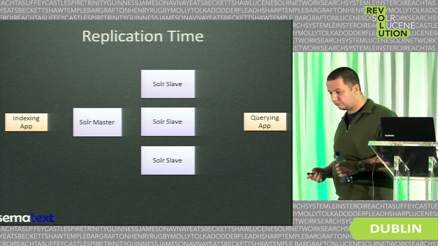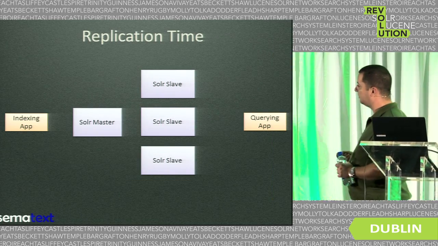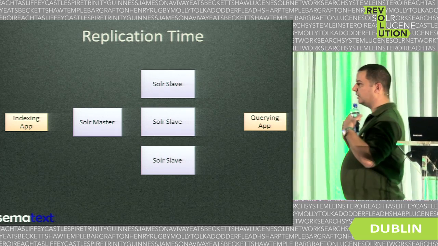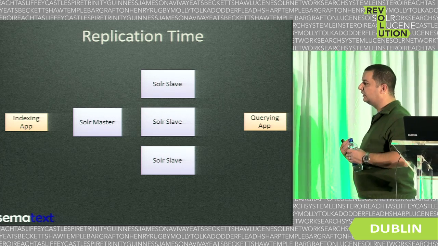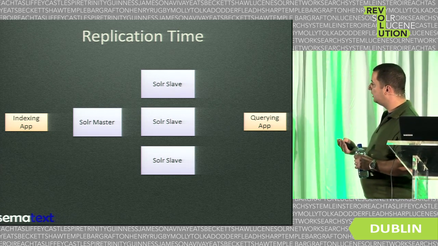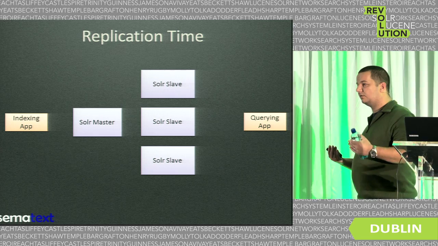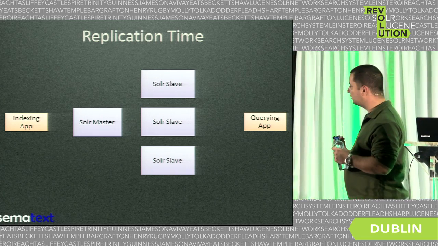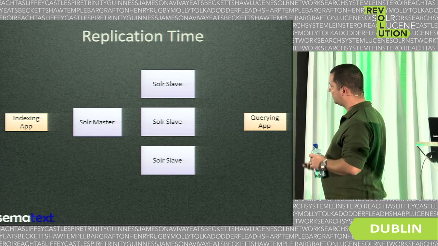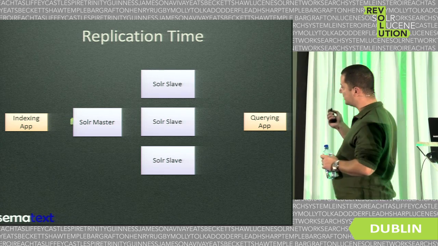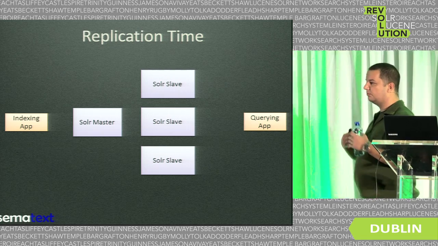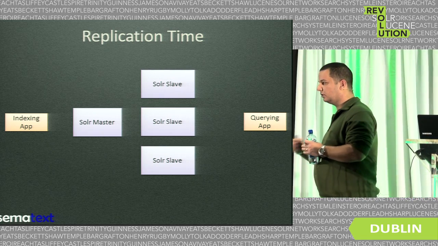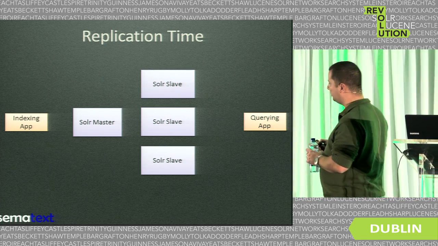Not convenient at all. The second thing was the replication time, because slaves were not automatically informed about the newest data on the master. So they had a poll interval defined on which they pulled the data. Imagine a situation like this where you have an indexing application that sends documents to the master, for example, a simple CMS system that publishes new documents to your Solr deployment.